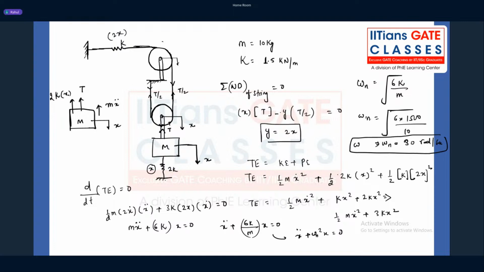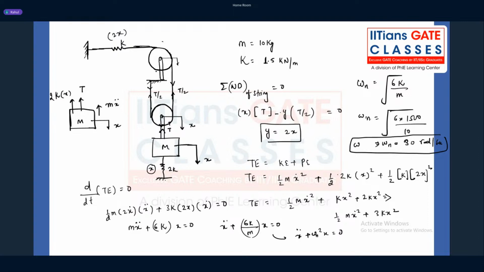Then finally, what T can you write? T is equal to what? It is 2 times the tension in the other horizontal spring.